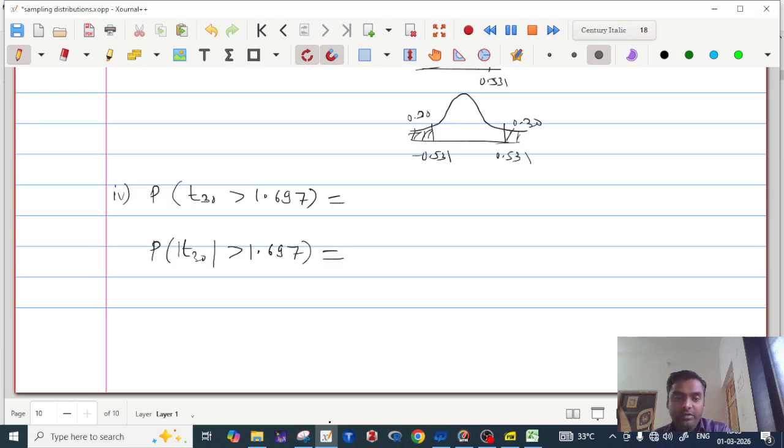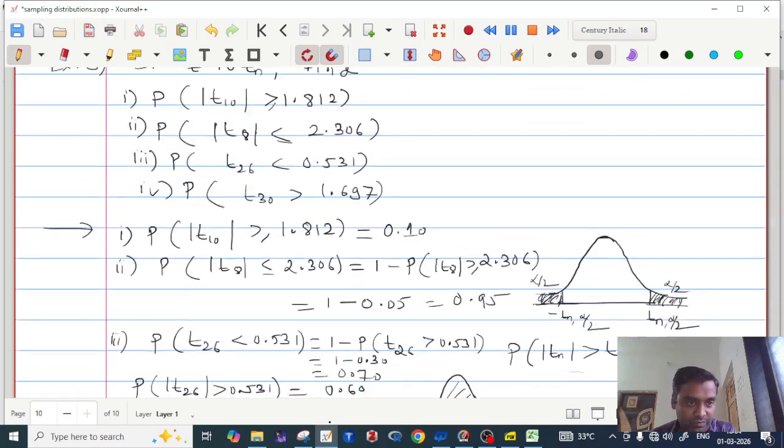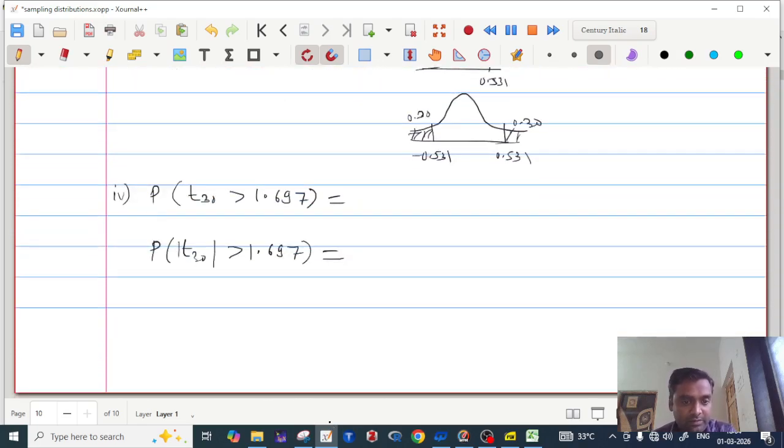Let's take one more only. Then we will move to examples on F distribution. The example which we are going to discuss will be covered in the F distribution also. So now let's start the examples on F distribution.